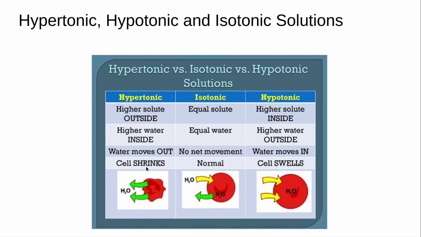And if I have a solution that has fewer solutes compared to the cell that I added, then that solution is hypotonic to the cell. If there are equal amounts of solute both inside the cell and in the solution, then the solution is isotonic to the cell.